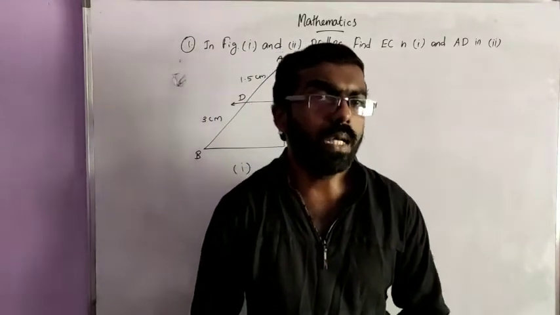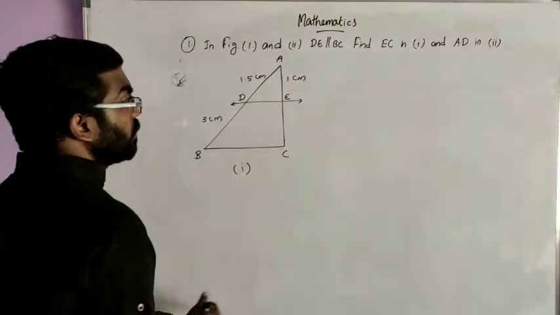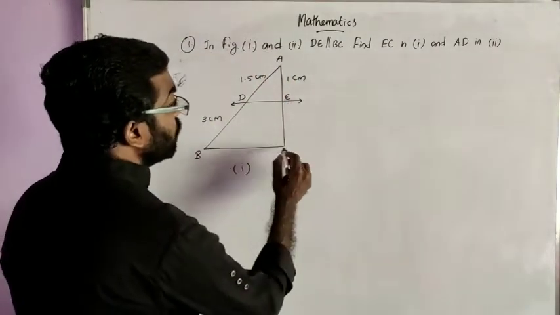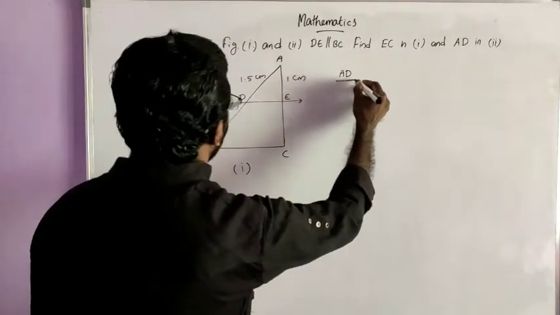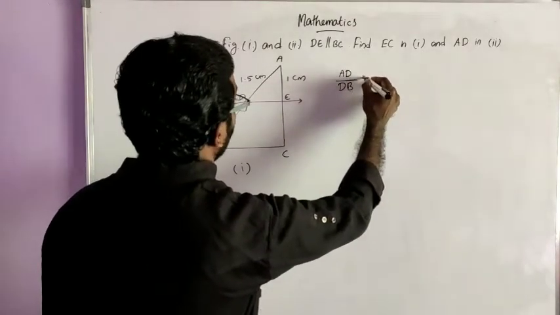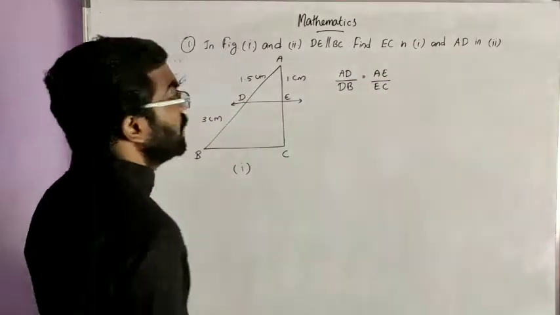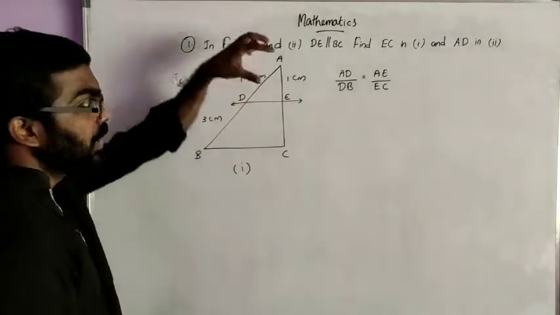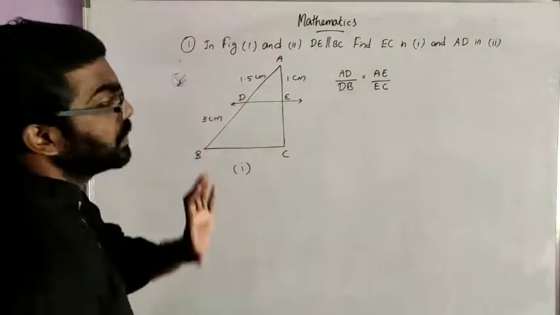That is what is called the basic proportionality theorem. So here DE is parallel to BC, so we can write AD by DB is equal to AE by EC, according to the basic proportionality theorem.